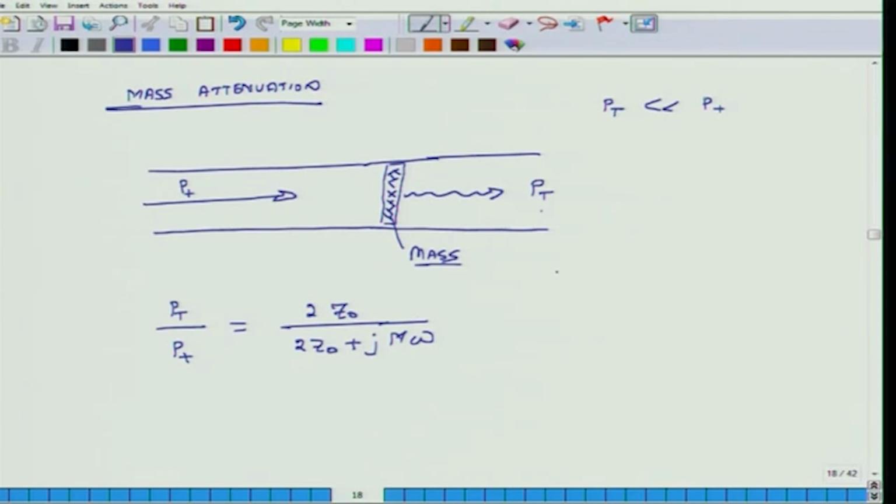What is Z0? This is the characteristic impedance of air, so rho naught C.